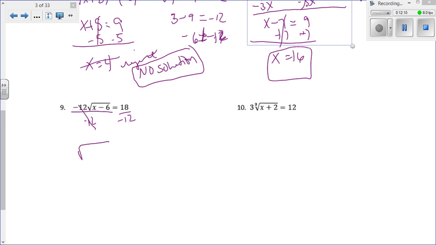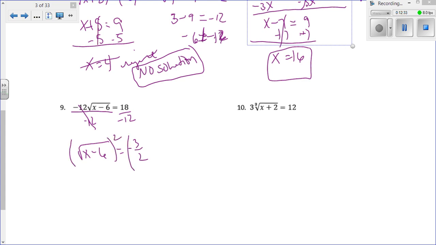So radical x minus 6 equals, if I reduce that fraction, 3 goes into both of them, so it'd be actually bigger. 6 goes into both of them. 3 halves, negative 3 halves.